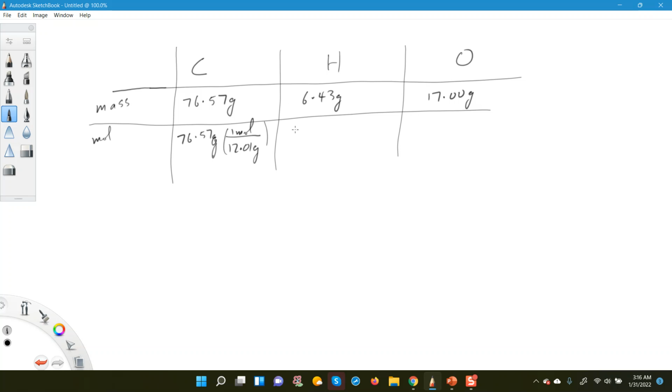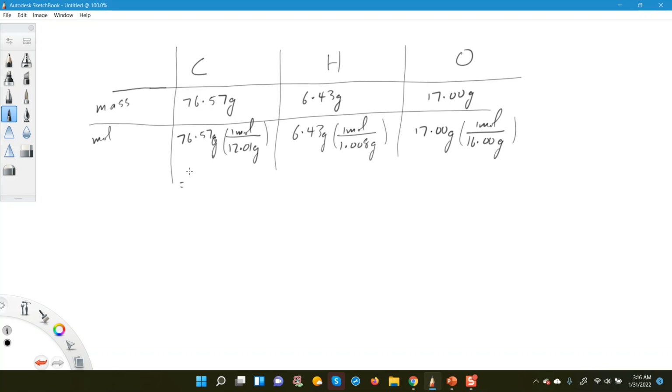In the case of hydrogen, we take the 6.43 grams and multiply it by 1 mole over 1.008 grams. And in the case of oxygen, 17.00 grams, we multiply that by 1 mole divided by 16.00 grams. So we have to work out each of these.